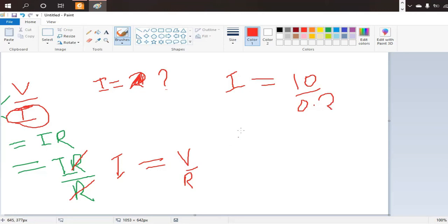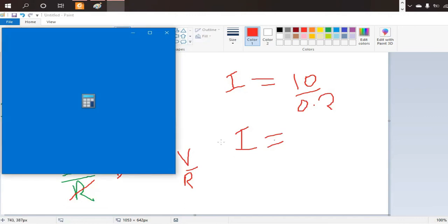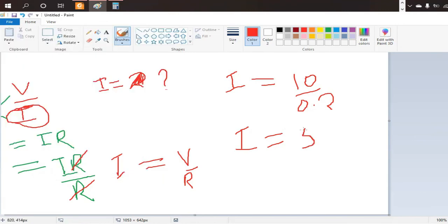We use the calculator now. 10 divided by 0.2 is going to be 50.